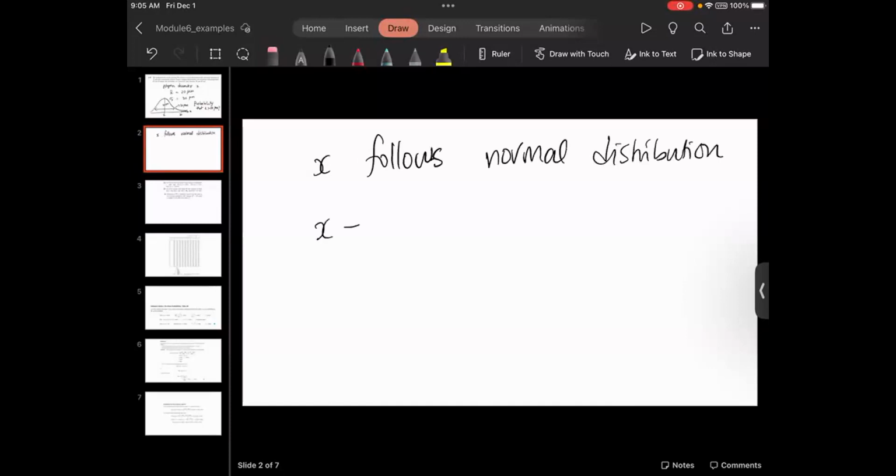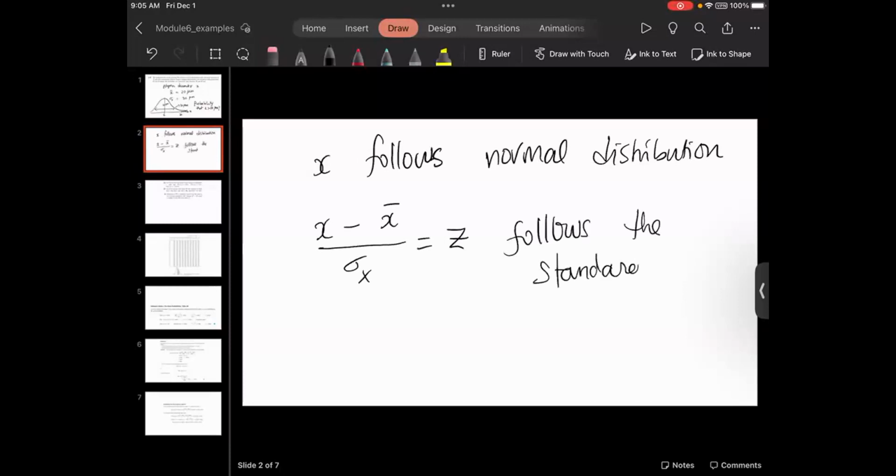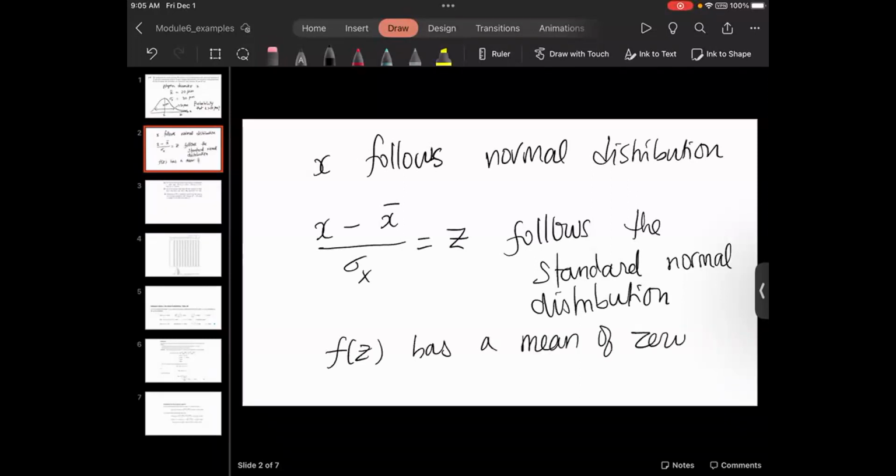So (X minus X bar) divided by sigma X, we'll call it Z, follows the standard normal distribution, and of course f of Z has a mean of 0 and standard deviation of 1, so that we can use the handout, table 4.3.